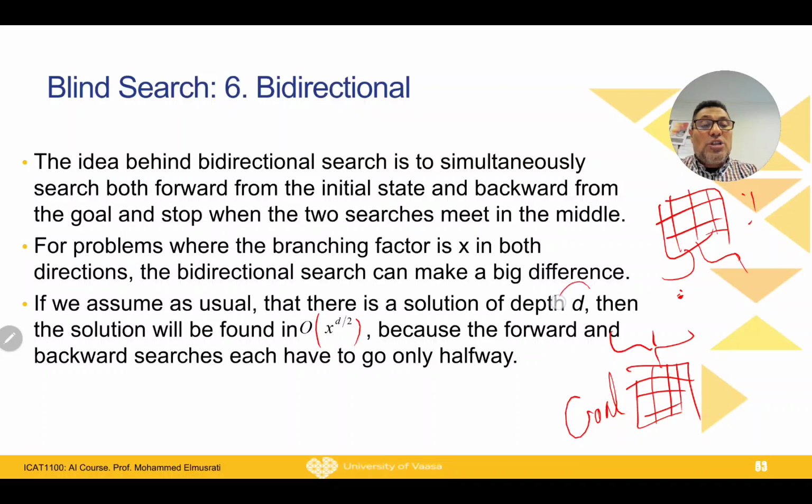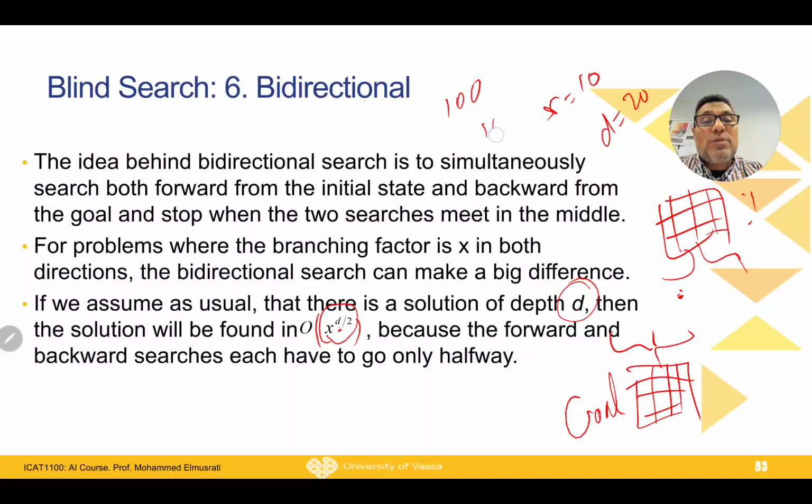For example, if the solution is somewhere at depth d, then we can find the solution at x to the power d over 2. I mean, if x equals 10 in our previous example, and the depth d equals 20, we needed 10 to the power 20 iterations to reach the solution in breadth first. But here we reach the solution at 10 to the power 10, which is much less than 10 to the power 20.